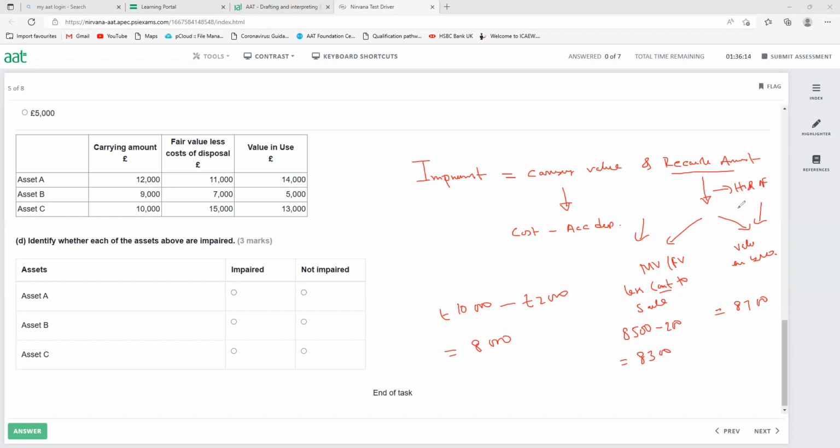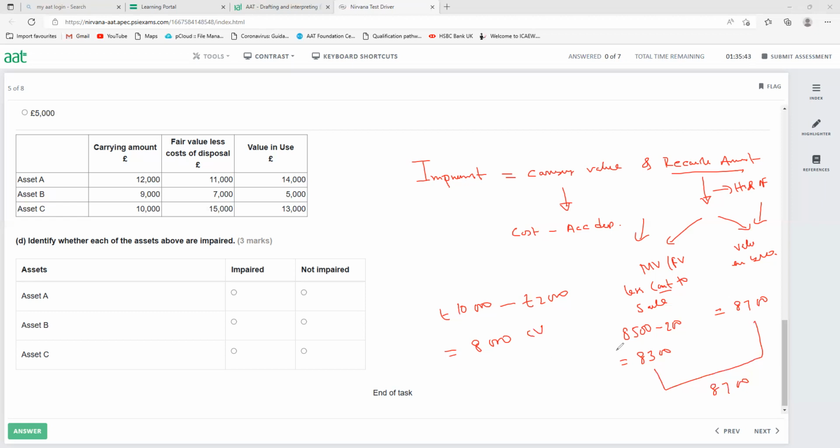Now the recoverable amount is the higher of these two, so it is 8,700. If my carrying value is more than the recoverable amount, and the carrying value is the value we currently have on the financial statement, then the asset is impaired.